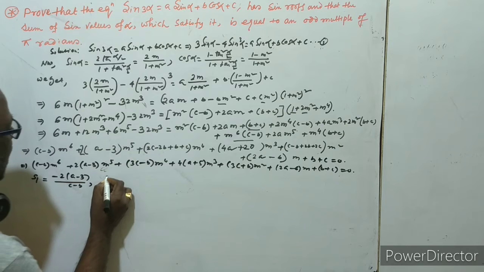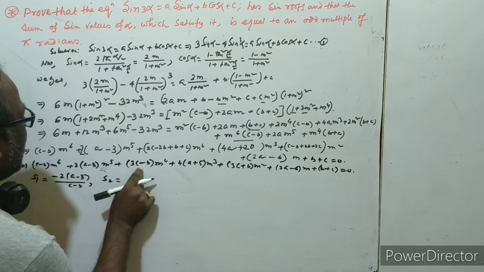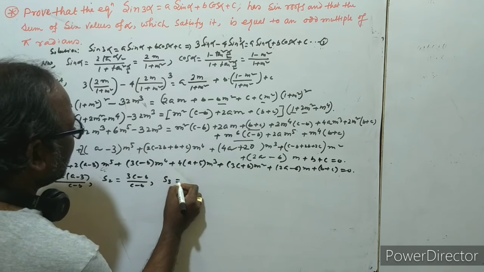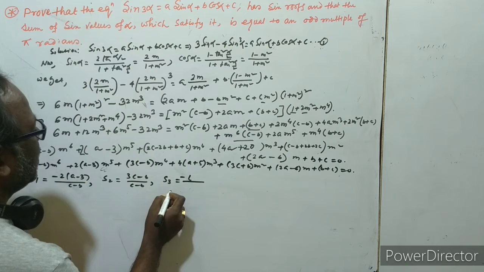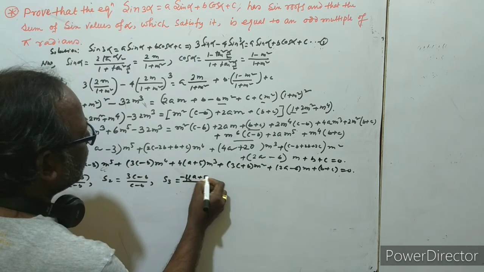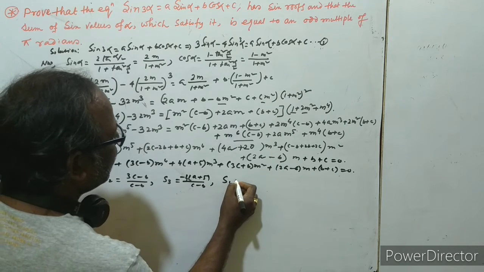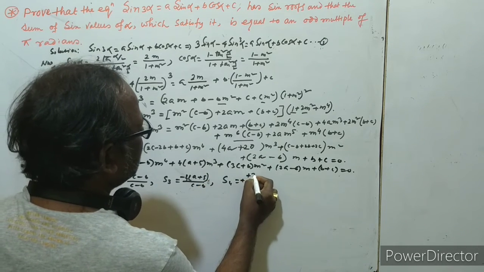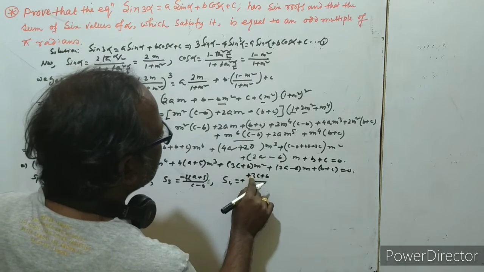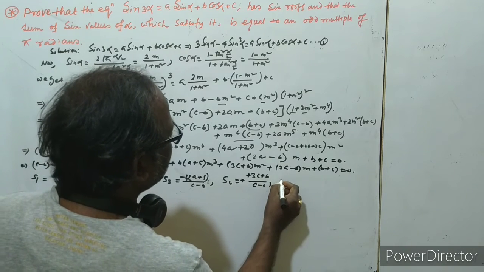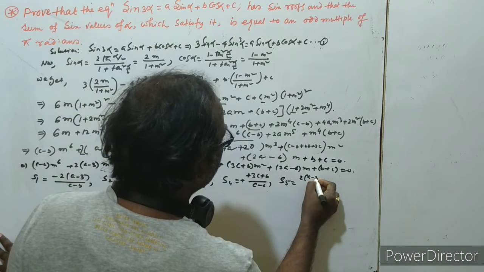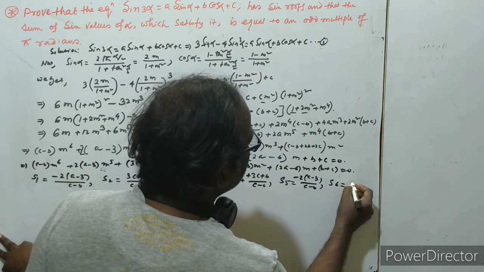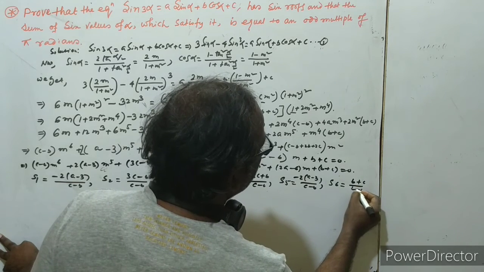This is minus, c minus b, and a is 2, plus 3c minus b by c minus b, and a is 3, equal to minus 4 into a plus 5 by c minus b, and a is 4, plus 3c plus b by c minus b, a is 5, that is 2 into a minus 3, and a is 6, this is plus b plus c by c minus b here.